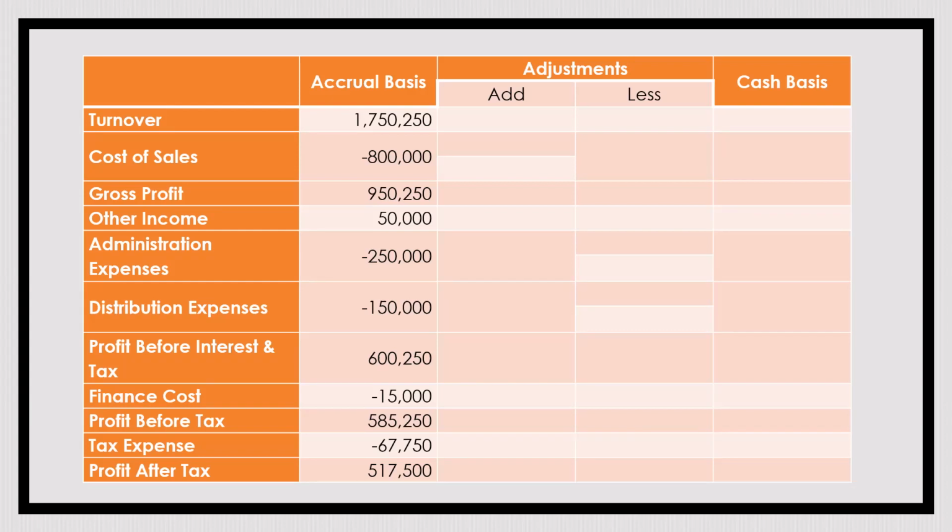To reflect the true profit figure or to reflect the true performance over the period of time. And to convert it to the cash basis, we have to remove certain items. We have to add back certain items. So let's see the transactions one by one and let's identify what are the things we are going to add and what are the things we are going to deduct.